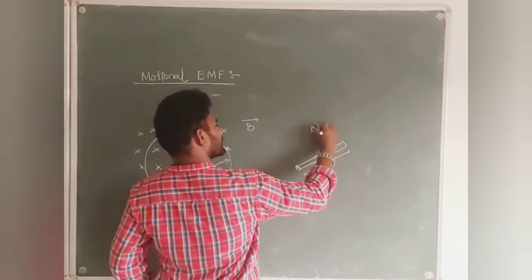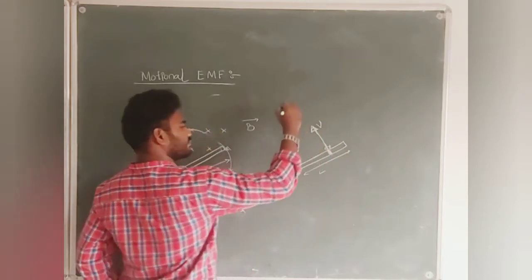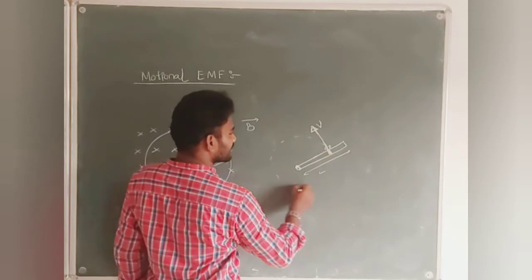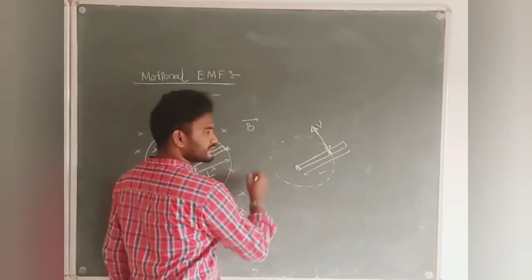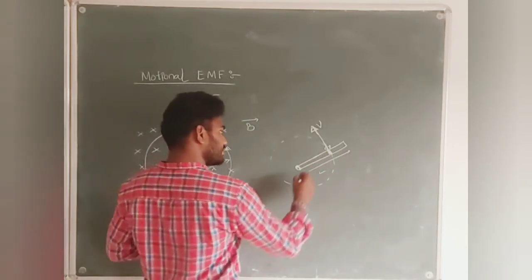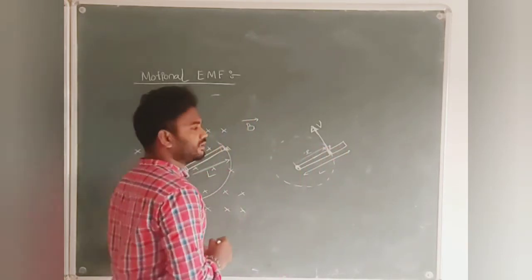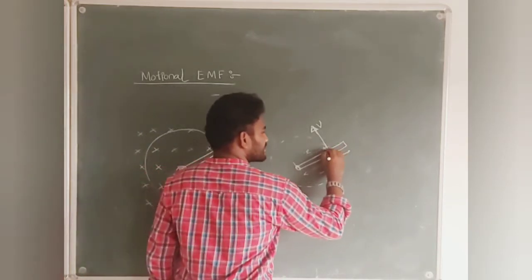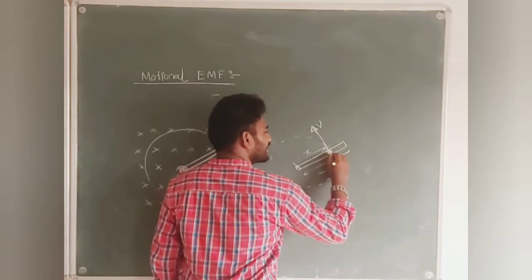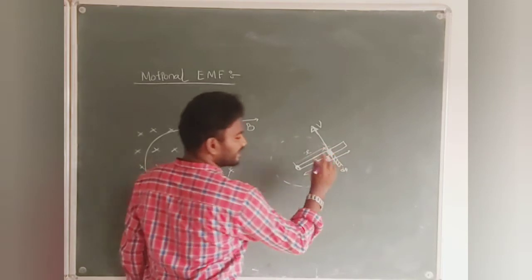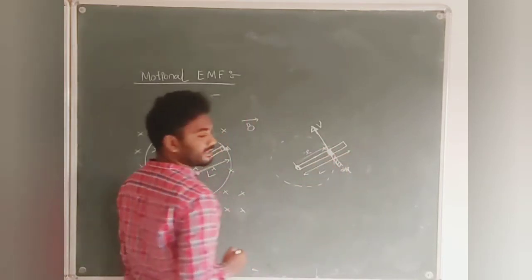So let me consider it is moving with velocity v. So that dx will make a circular path. Let me consider the distance between the center and this dx is x. So a small dx is a very small elementary length of the rod, students.